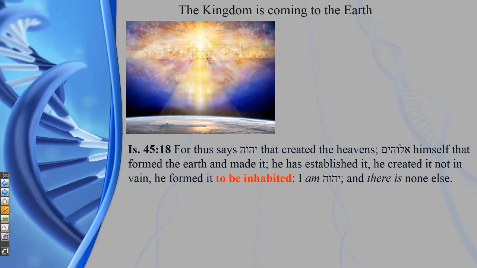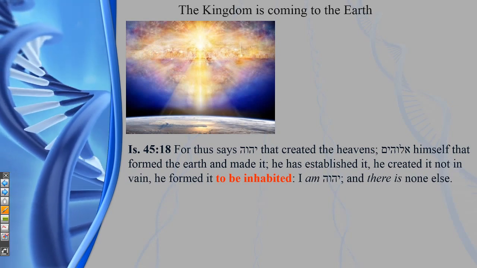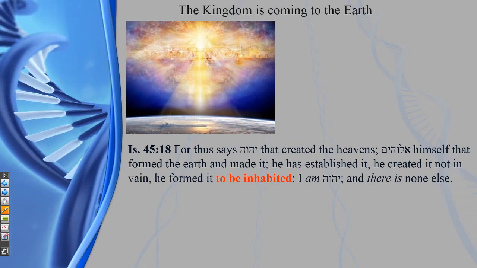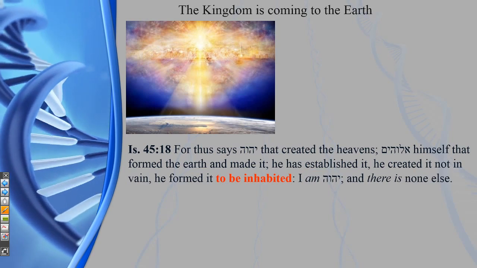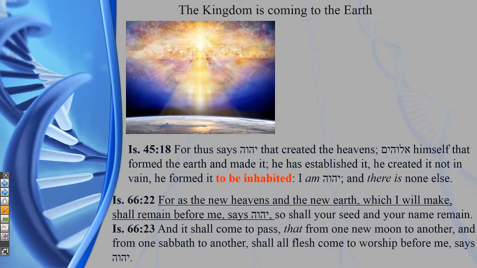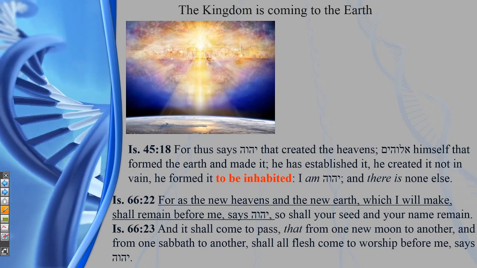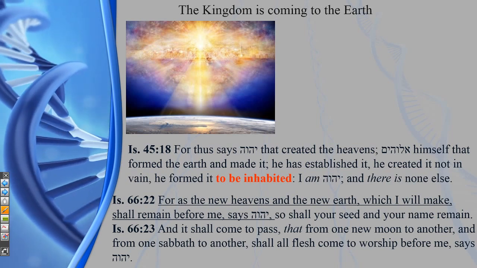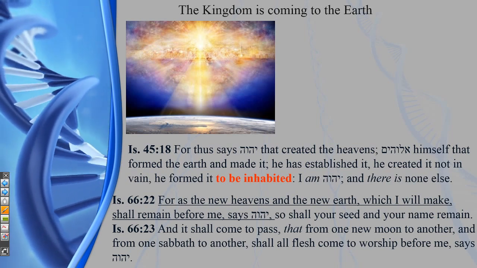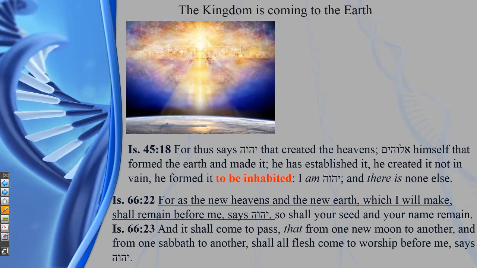Revelation 22. I couldn't hear you. You were outside. That also says in Revelations 22. Okay. All right. Remember this, Isaiah 66:22 and 23. "For as the new heavens and the new earth, which I will make, shall remain before me, saith Yahuah, so shall your seed and your name remain.